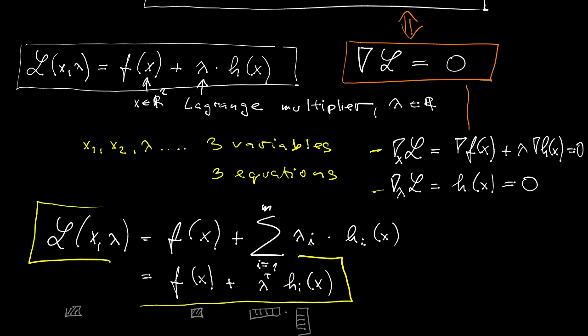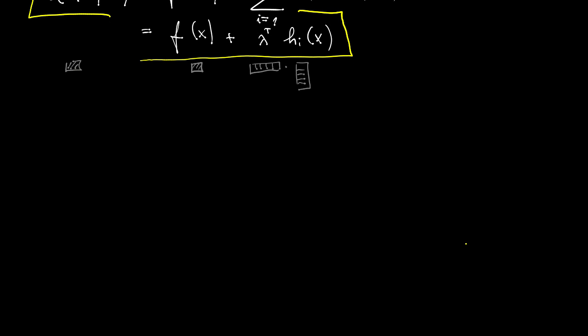But in order to see what kind of complications can appear here, I will consider another example, this time in 3D. My optimization criterion will again be a linear function: 2 times x1 plus 2 times x2 minus x3.